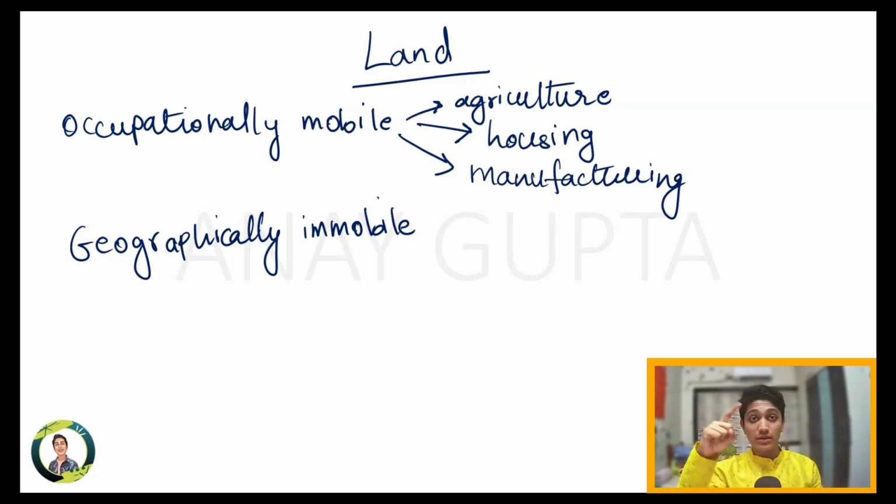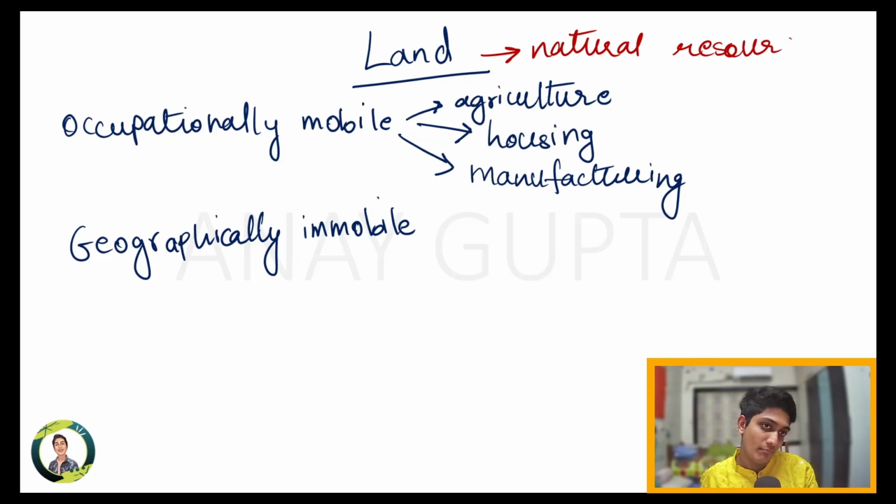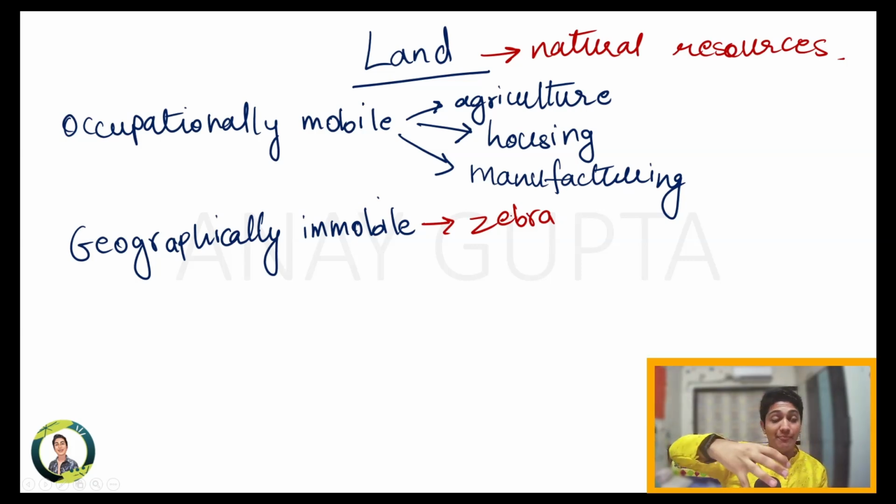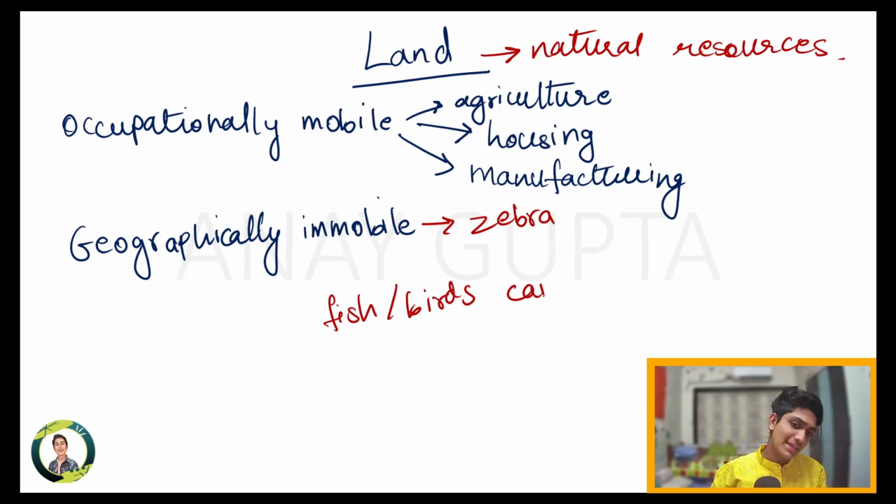However, you can think out of the box and say that land comprises all natural resources, which means I can take, say, a zebra from Africa and bring it to India, or I could say that fish or birds can migrate, which means that these animals are geographically mobile.